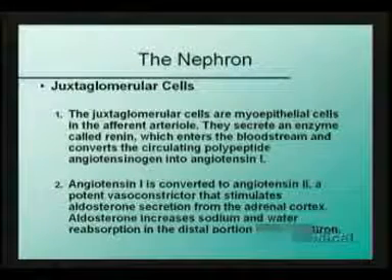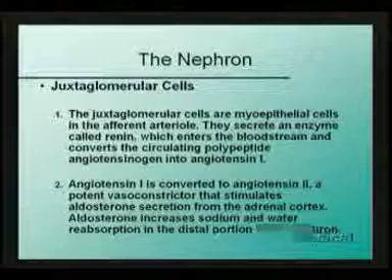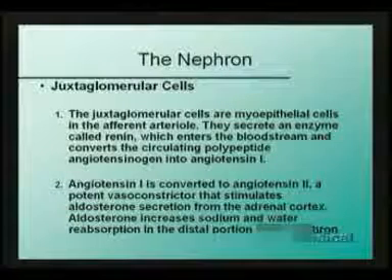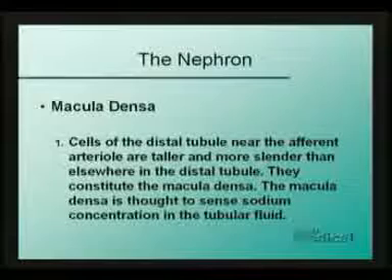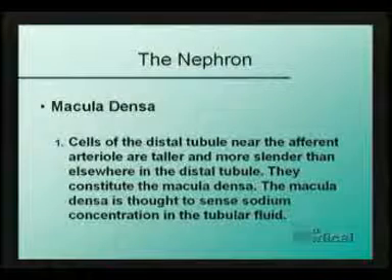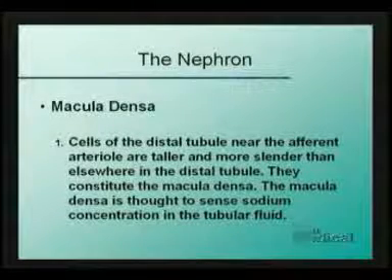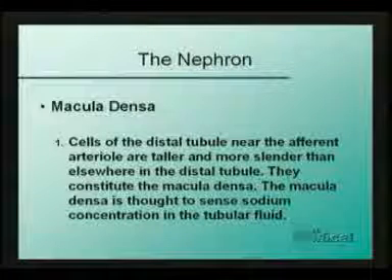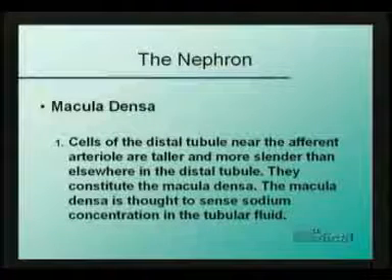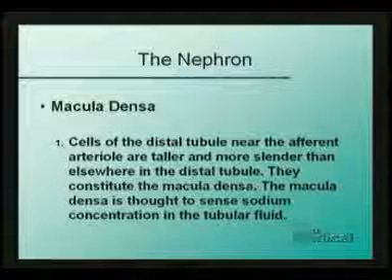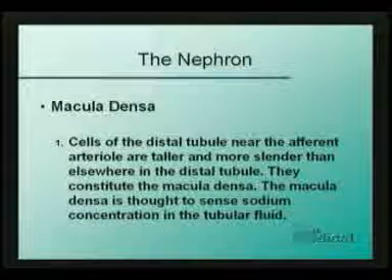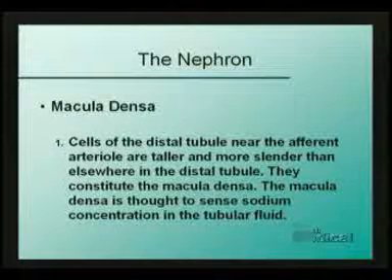And certainly, as we know from physiology, aldosterone increases sodium and water resorption in the distal portion of the nephron. The macula densa cells, as we indicated, are taller, more columnar cells in the adjacent distal tubule, and their function is thought to sense the sodium concentration in the tubular fluid.